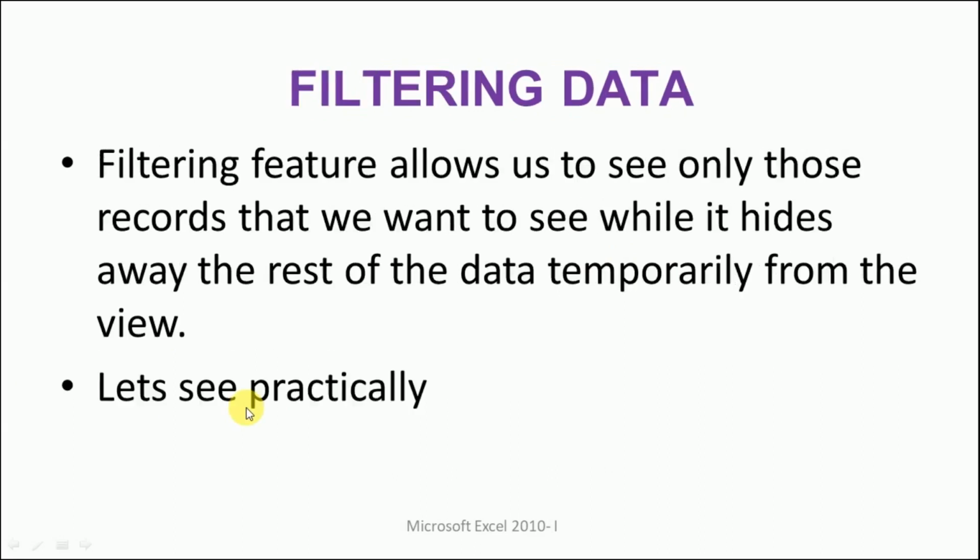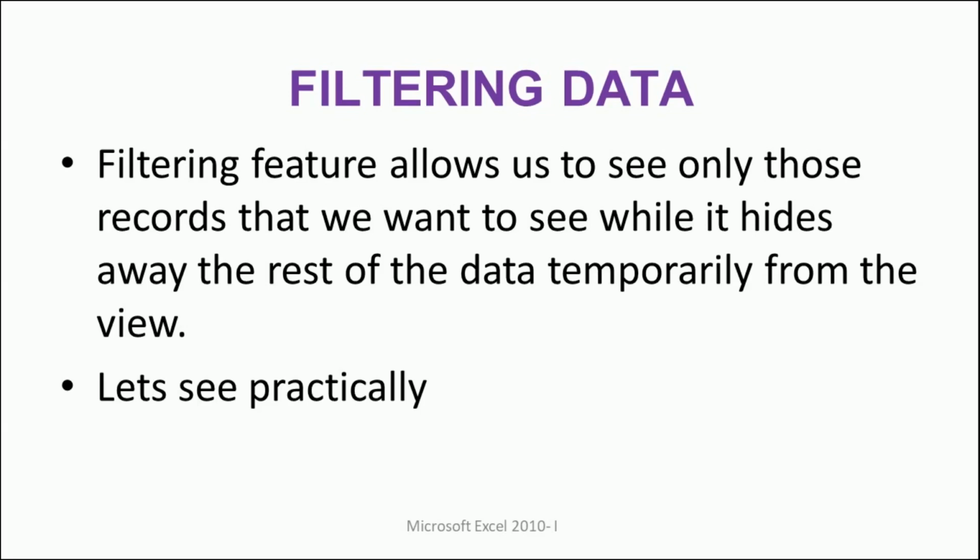And what is filtering? The filtering feature allows us to see only those records that we want to see, while it hides away the rest of the data temporarily from the view. What does it mean? For example, you have got test marks, right?